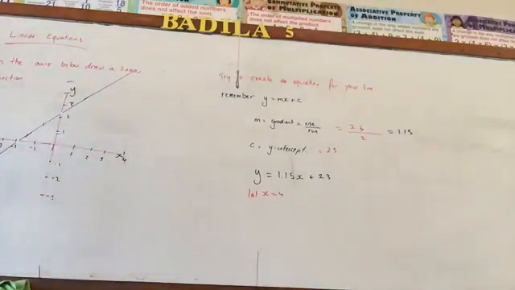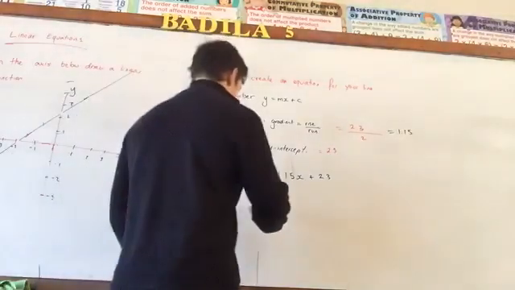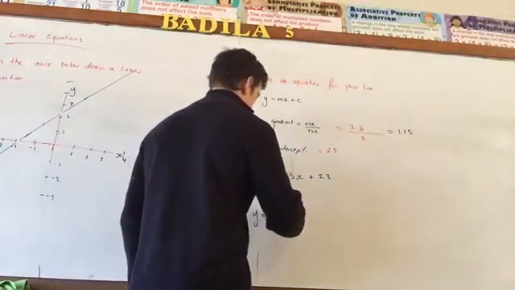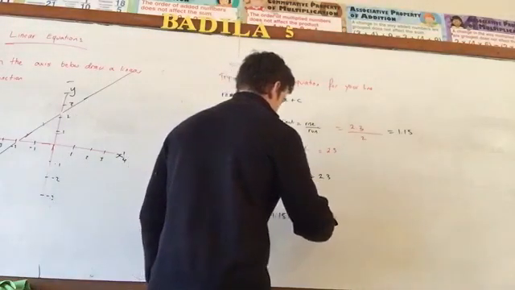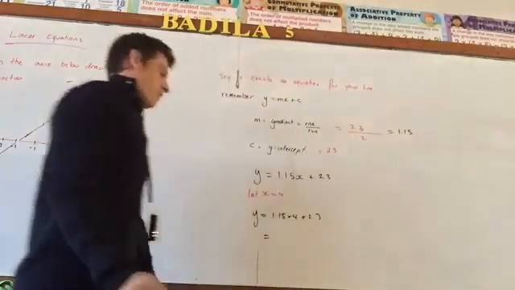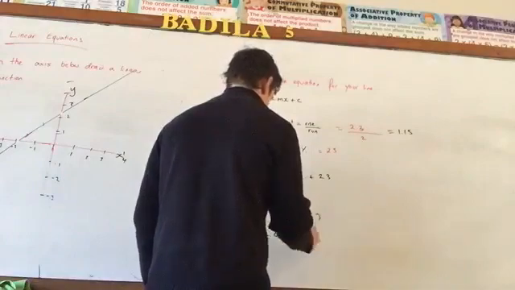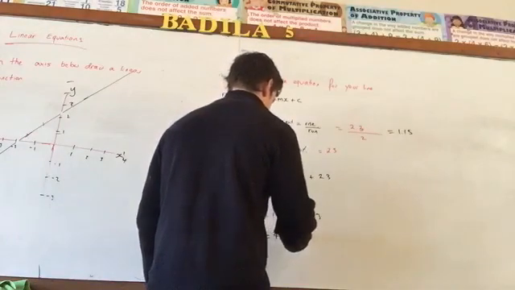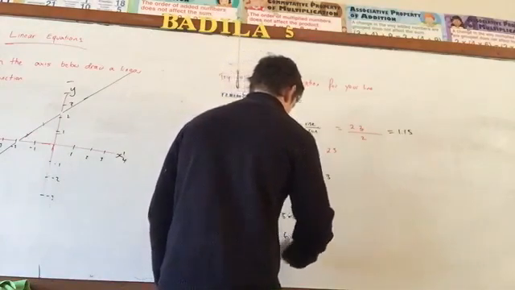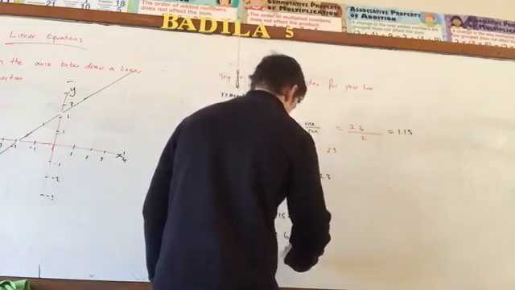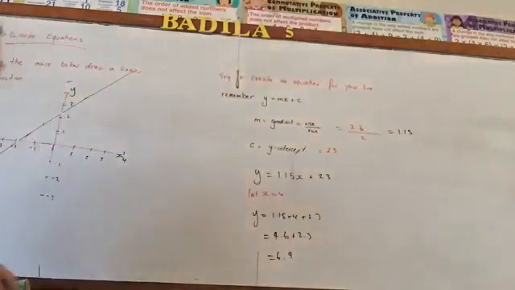About 5? Yeah, let's have a look. So Y equals 1.15 times 4 plus 2.3. That's 4.6 plus 2.3, which equals 6.9. Very good.